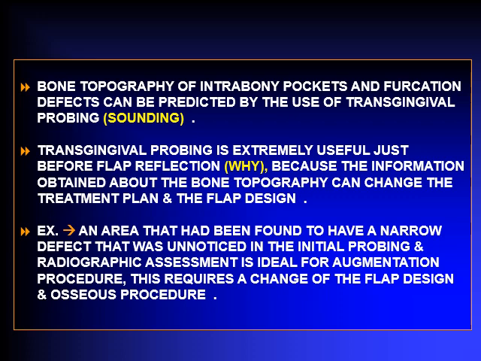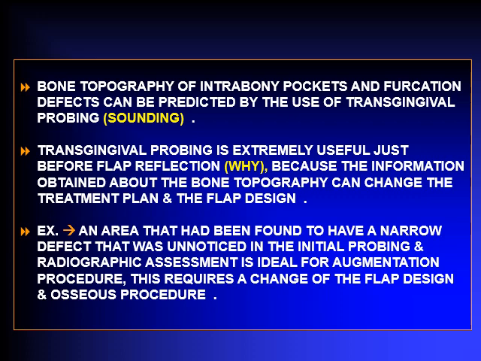For example, when you have an area with a narrow defect that was unnoticed in the initial probing and radiographic assessment, you cannot notice it in your initial probing or in the radiographic assessment, so it is ideal for an augmentation procedure.